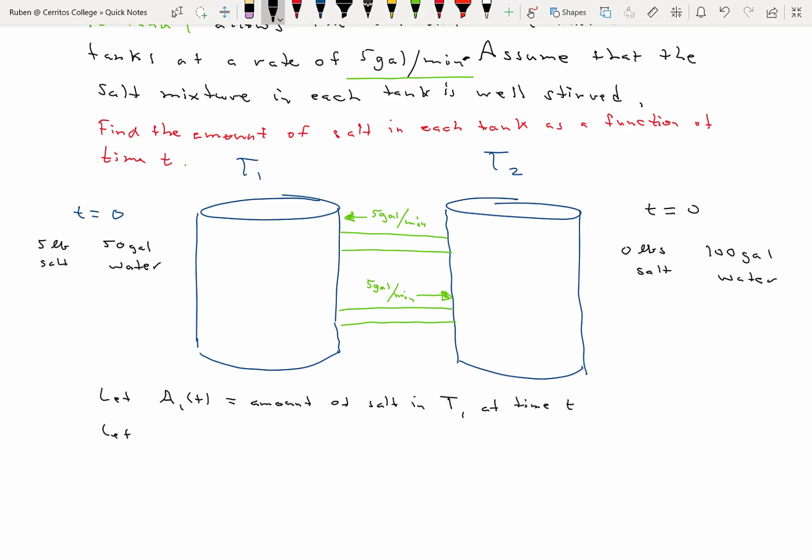Let A2 of t equal the amount of salt in tank T2 at time t. The tongue twister. The amount of salt in tank 2 at time t. So let's see if we can figure out the two differential equations satisfied by A1 and A2.